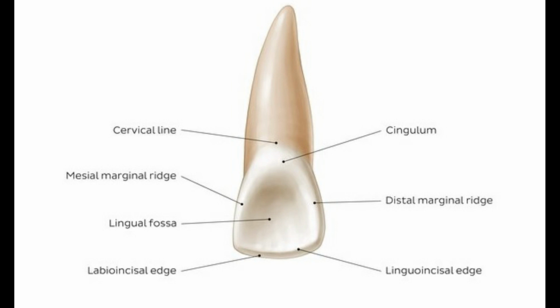In our lingual aspect of the central incisor, there is still the presence of your cervical line with the addition of your cingulum, the mesial marginal ridge, distal marginal ridge, the lingual fossa, the labio-incisal edge, and the linguo-incisal edge.